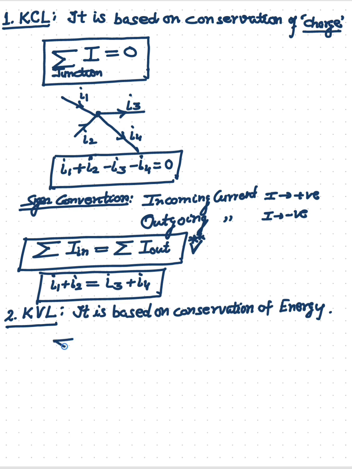Meaning summation of all EMFs V plus IR equals 0 for a closed loop.